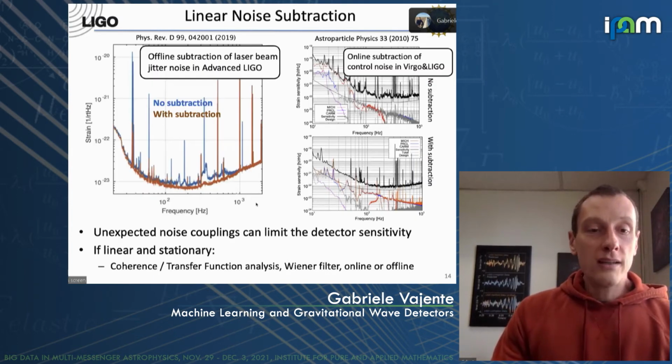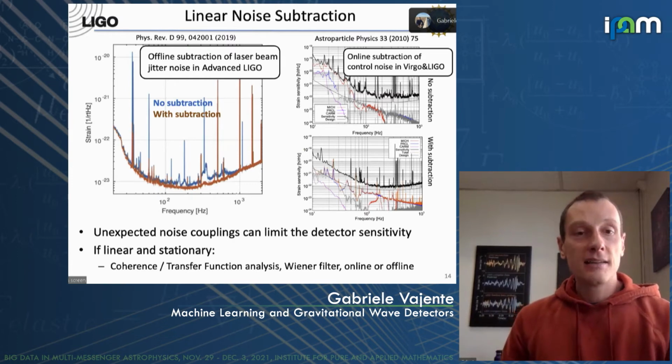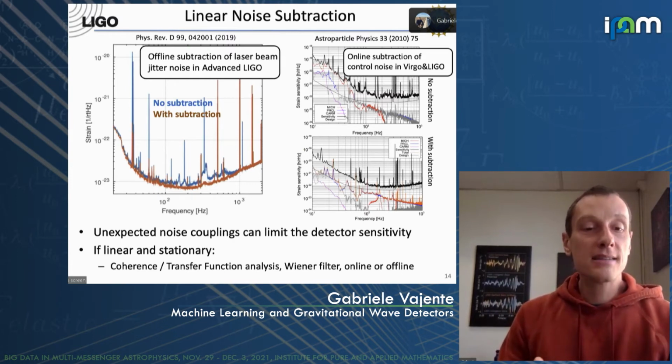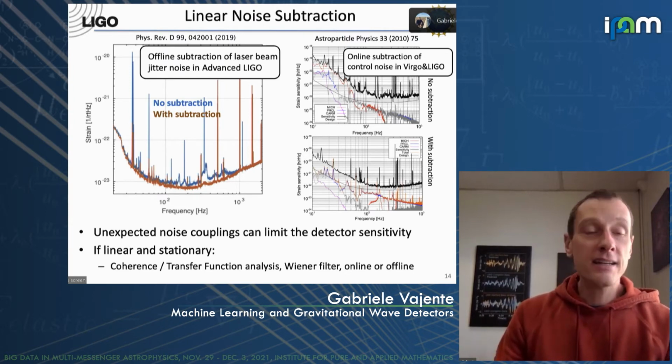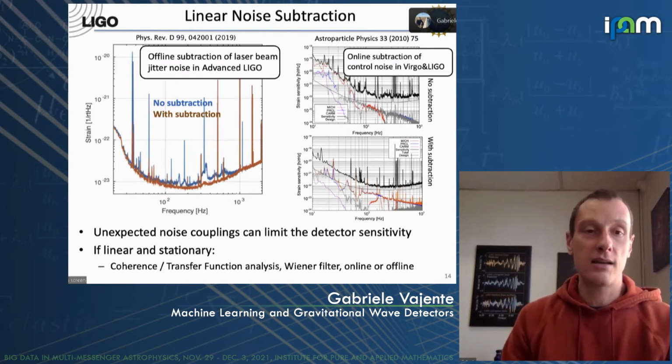If the interferometer were absolutely linear, then we have ways to study linear couplings of noises into the detector sensitivity, and we know how to find them, and we know how to subtract the noise. And this has been done many times.